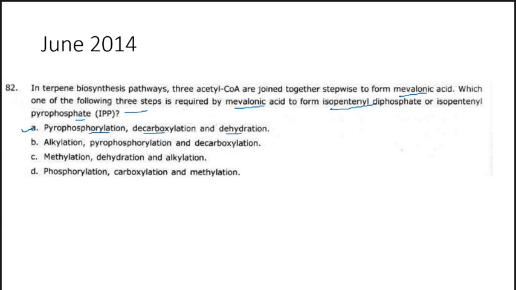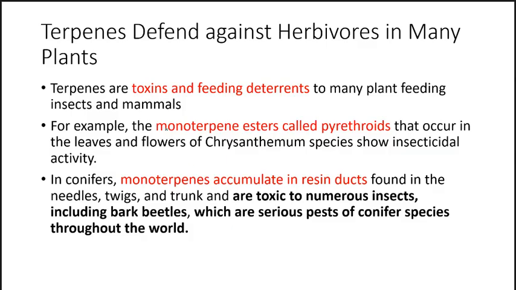Now some important functional roles of terpenes. They are toxins and feeding deterrents. They do not allow animals to feed on the plants which produce the terpenes. For example, some plants produce terpenes named pyrethroids. These pyrethroids are monoterpenes. Where are they produced?